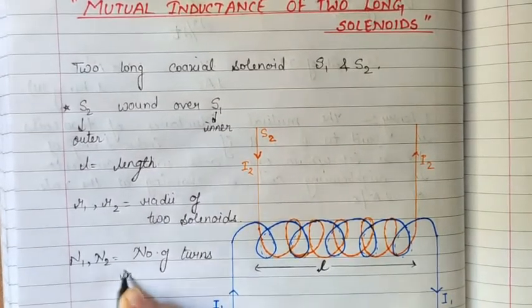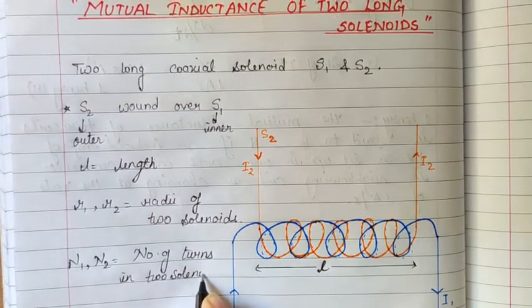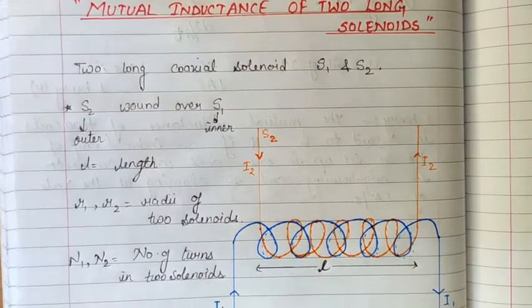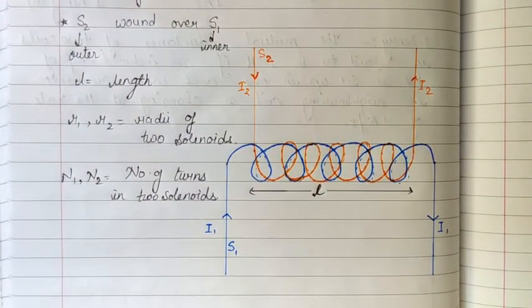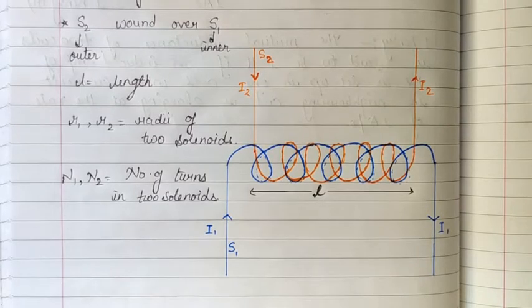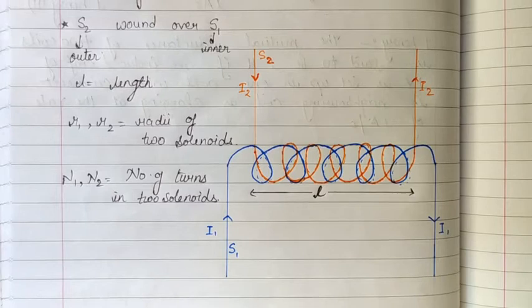In the diagram we can see the two solenoids S1 and S2, where S2 is wound over S1, current I1 is flowing in S1 and I2 in S2, the length of each solenoid is L, and the radii are R1 and R2 respectively.